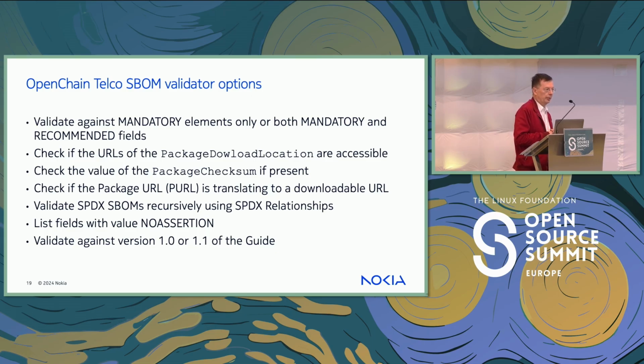This value means you don't provide the information because you don't have it or because you don't want to give it, but it might be useful to know if these fields have no assertion. And finally, the last option allows you to check the version of the guide against which you want to validate.